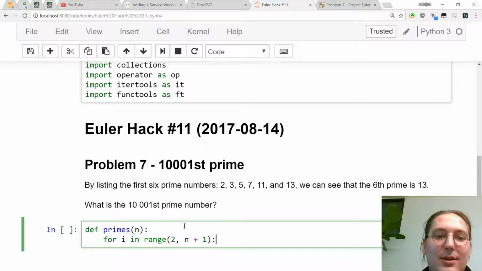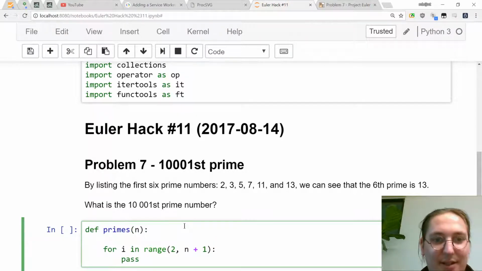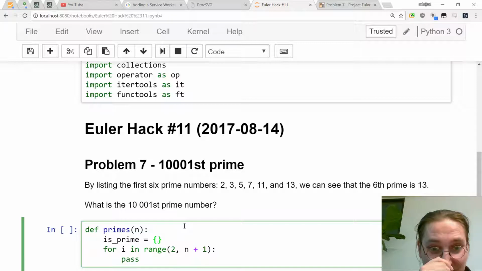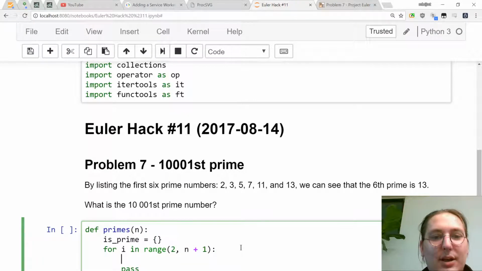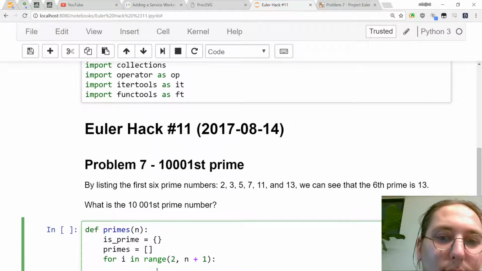Maybe. And is prime, I guess we can just add it onto some kind of list. And here primes. Oh, you don't need to find all the primes. If you just want to solve the thing, you just have to count how many you have, right?